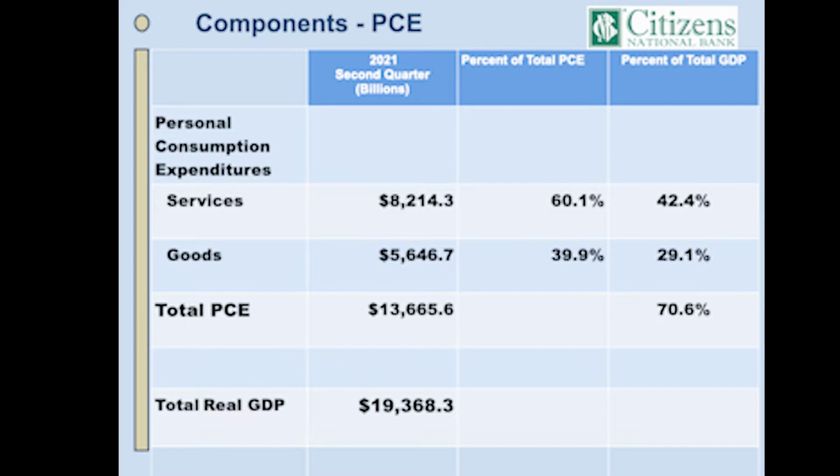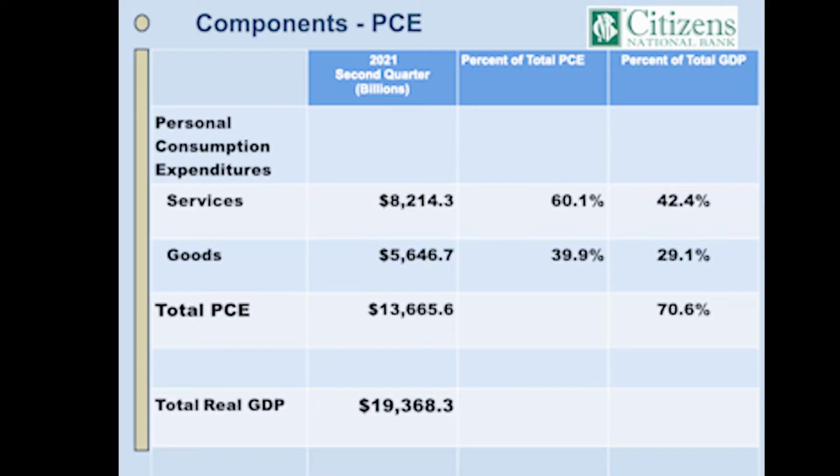This economy over the last 50 years has been transitioning from a goods economy to a service economy. So the service economy is much larger than the goods economy. As you can see, as a percent of total personal consumption expenditures, the services represented 60% of total personal consumption expenditures, and goods 39.9%.